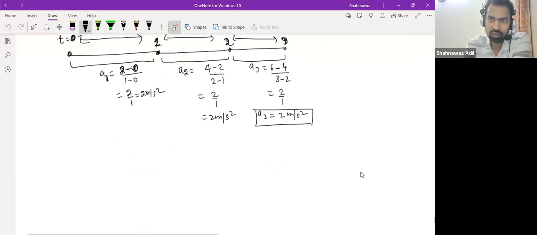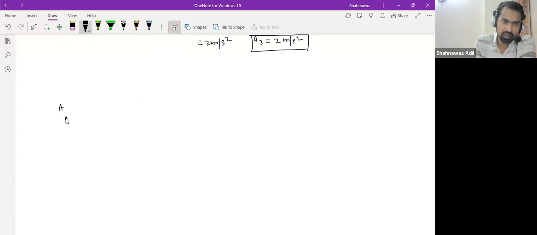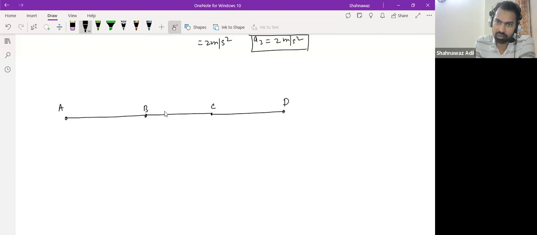Okay, so then what we have in here, let's say we have A point, B point, C point, and D point. So let's say at t equals 0, we have V equals 0 meter per second. Then at t equals 1, the velocity is 2 meter per second.